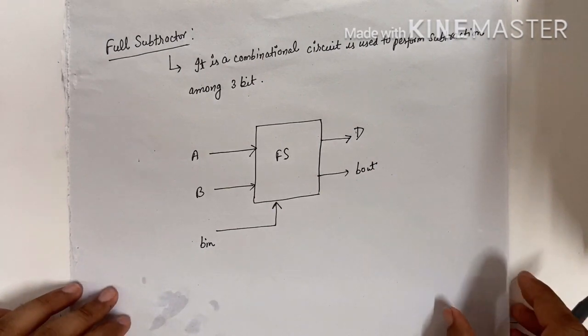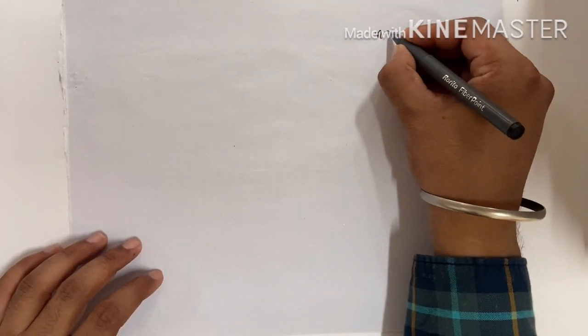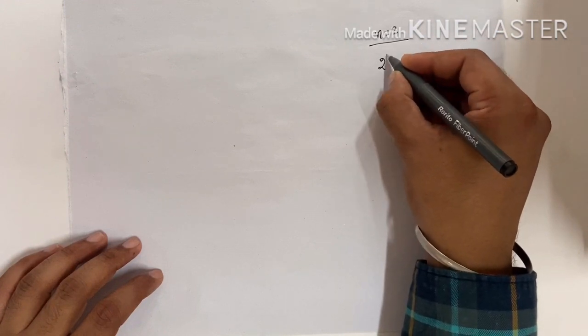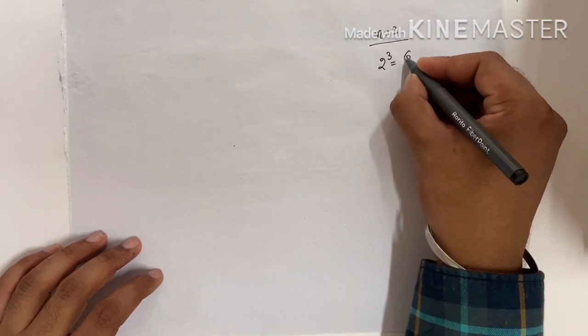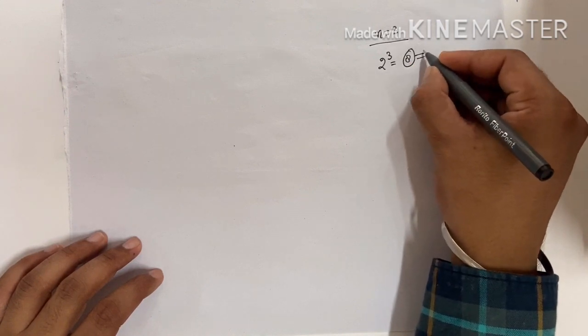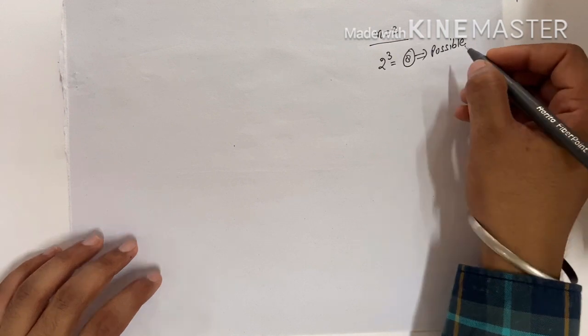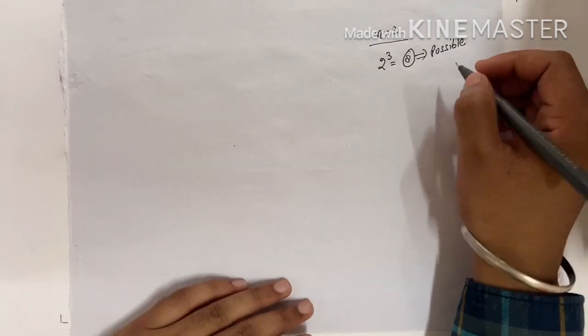Now we develop the truth table of full subtractor. Firstly, there are 3 inputs, so n equals 3. If n equals 3, then 2 raised to the power 3 is 8. So there are a total of 8 possible outcomes. Firstly, we have to write the 8 possible outcomes.